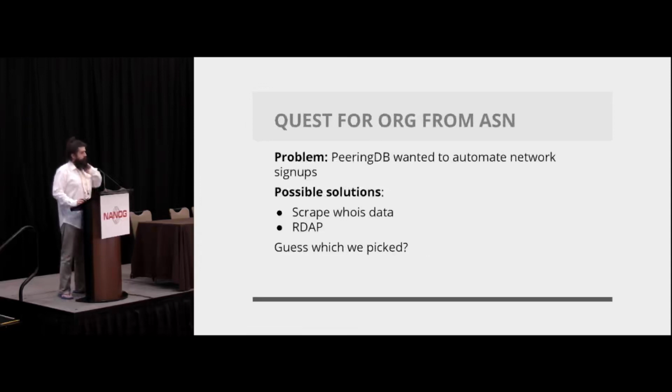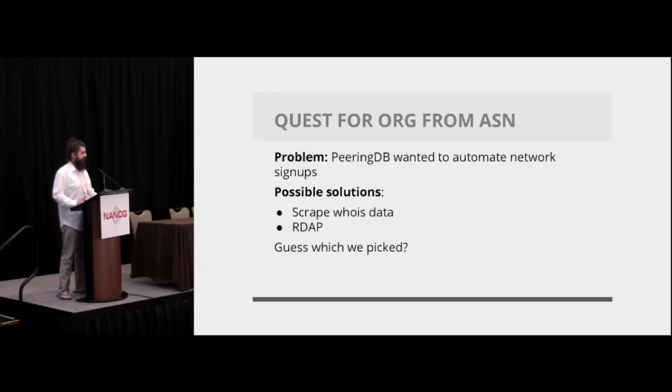So this all started with PeeringDB wanting to automate network signups, because we authenticate that each user actually belongs to the AS that they register. So we had a choice of using a client library that scraped Whois data and tried to normalize it, which would be at the whim of the RIR, because even if the library works now, there might be a change later that inadvertently breaks it, which means we'd be out.